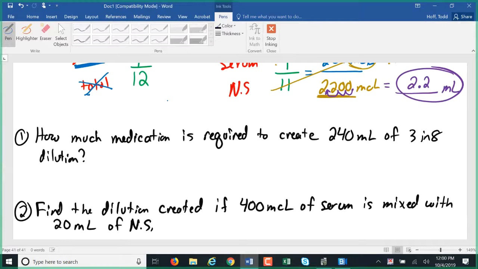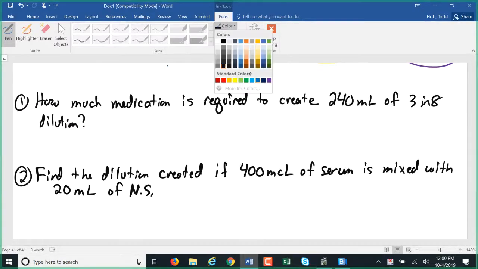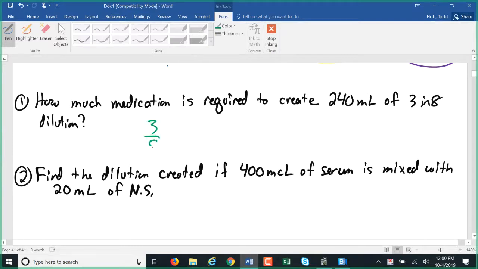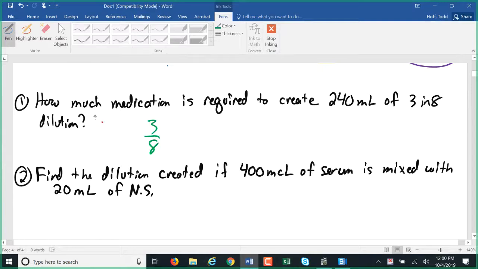Let's take a peek here. So the first one, 3 and 8 dilution. Remember, the 3 is the serum, the medication, and the 8 is the total solution. We have the 240, which is the total solution. We're looking for the amount of serum, so the medication.